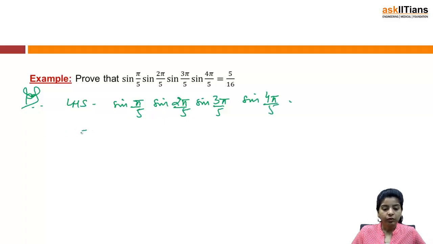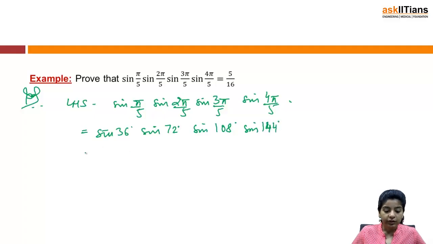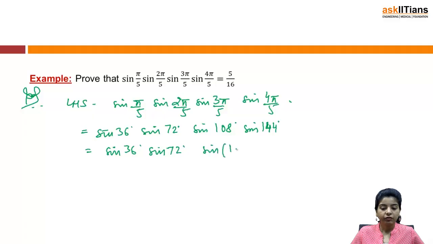This is in fact sine 36 degree, sine 72 degree, then sine 108 degree and sine 144 degree, right? So this is sine 36, sine 72. Sine 108 can be written as 180 minus 72, and sine 144 I can write as 180 minus 36.